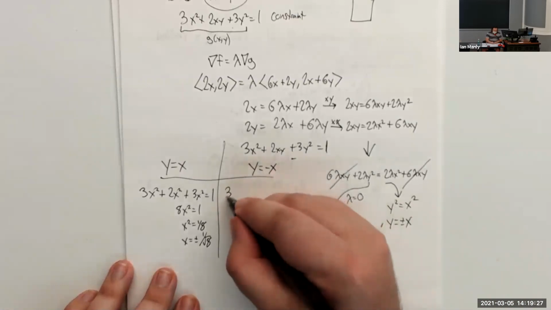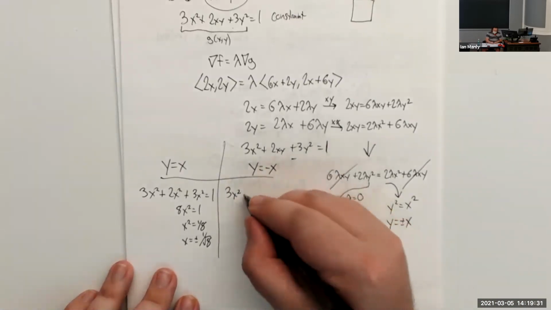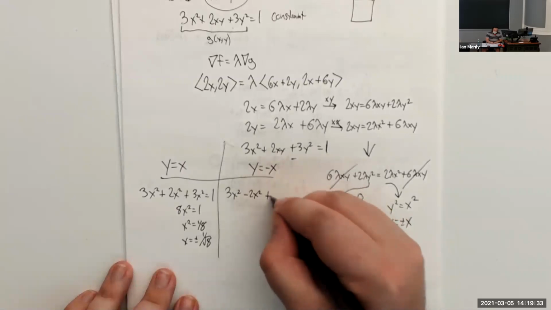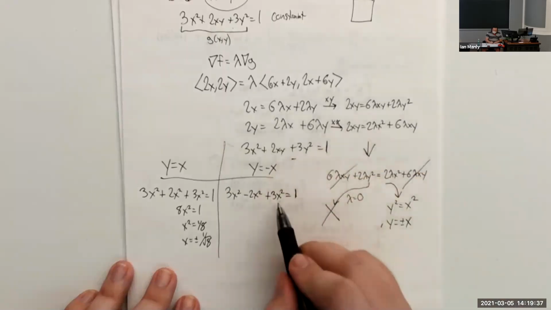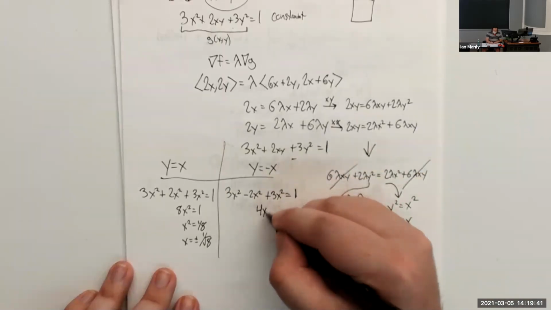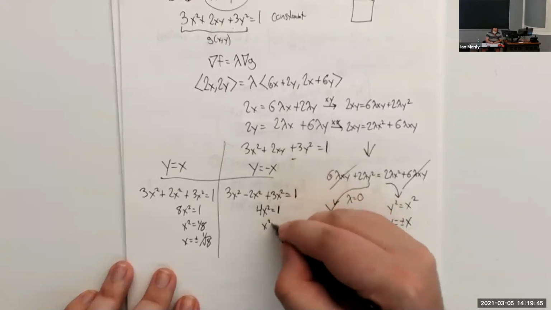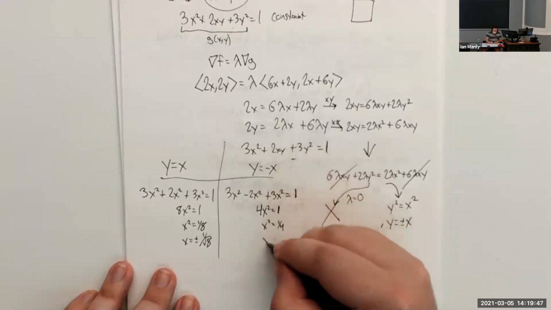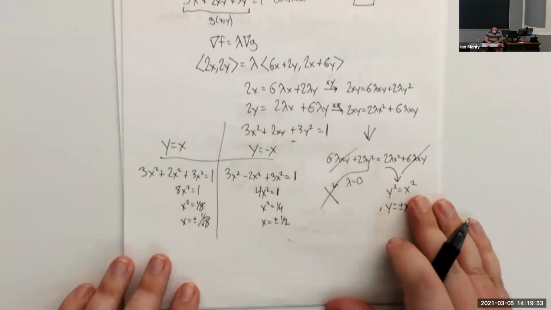So we're still going to have 3x squared, but this time minus 2x squared, and then plus 3x squared. 3 minus 2 plus 3 is 4, so x squared is 1/4. So x is going to be plus or minus 1/2 here.